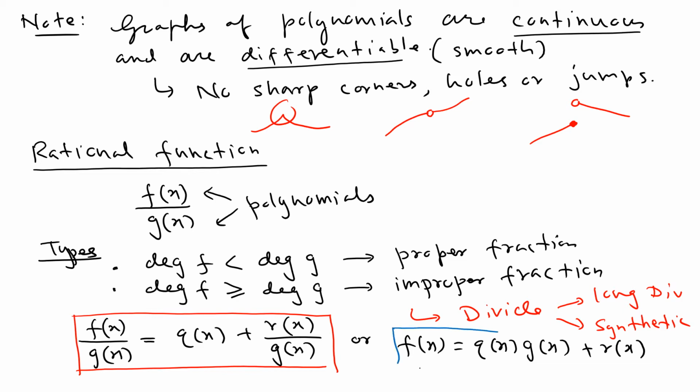The first one is useful especially in calculus and differential equations. The second one is useful in algebra. So there are applications of that, and let's talk about how long division works now.